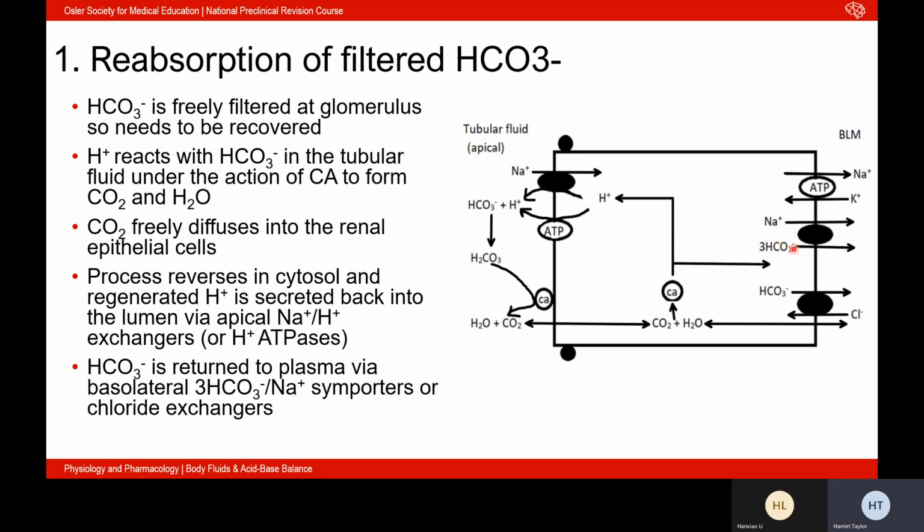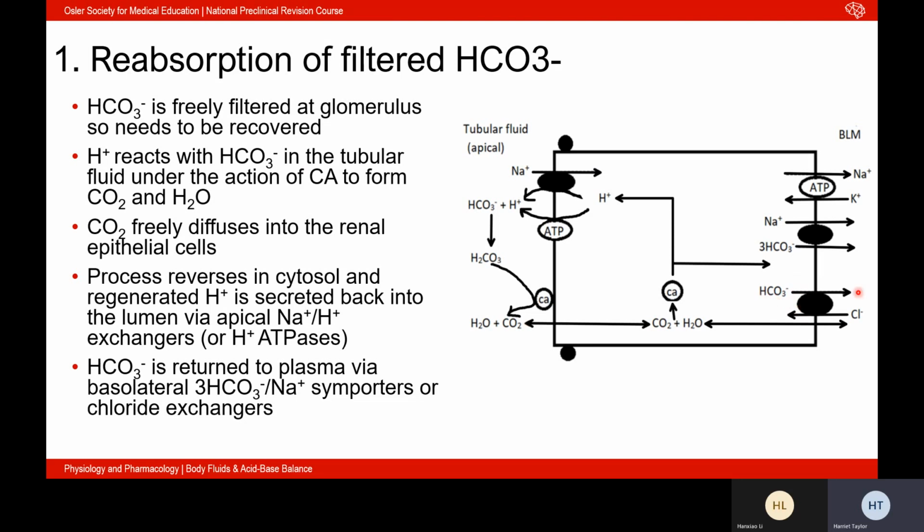So our bicarbonate is then returned to the plasma via other basolateral exchangers. So we've either got these NaHCO3 minus co-transporters or symporters, or we can use these chloride exchangers. And the aim of these is basically to ensure that we have an equal isoelectric effect.